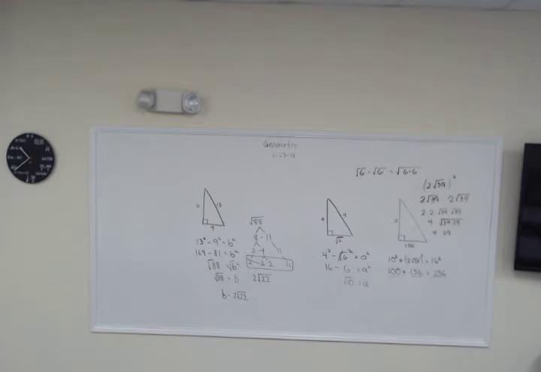Now listen up. These are called Pythagorean triples. These are the lengths of the sides of right triangles that will come out to an even number, no radical, no matter what.